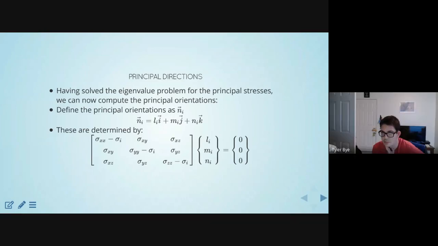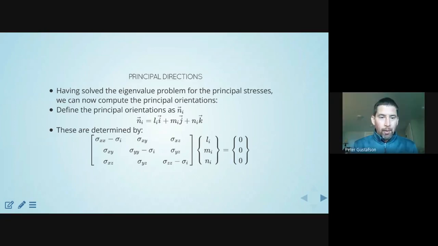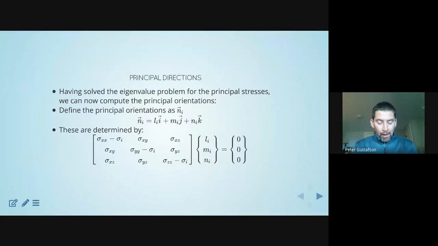Yeah. Okay, so that's a great question. I'm glad you caught it. It's not often that this is caught. So what you're seeing here is the stress tensor, now, of course, modified by subtracting the principal directions from the trace. And what you asked was, in row 1, column 2, I have sigma xy. In row 2, column 1, I also have sigma xy.